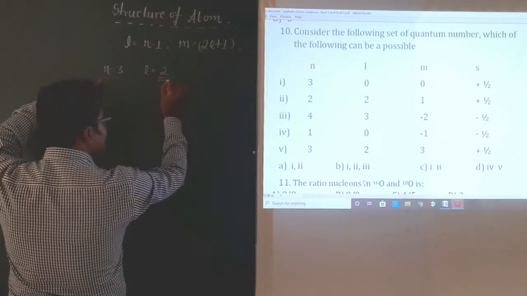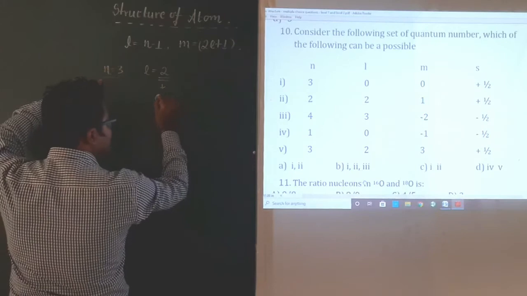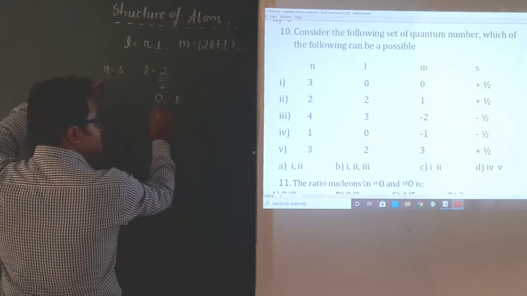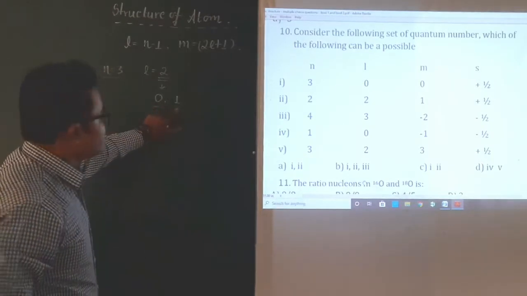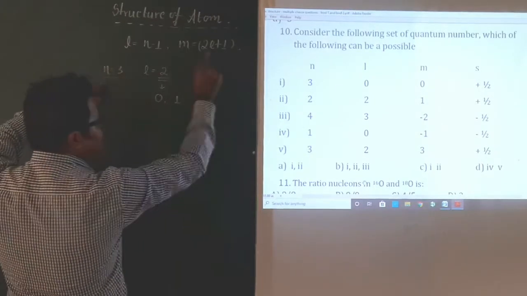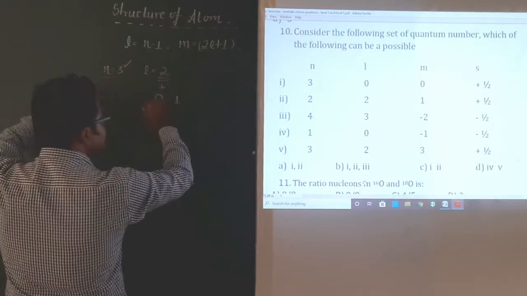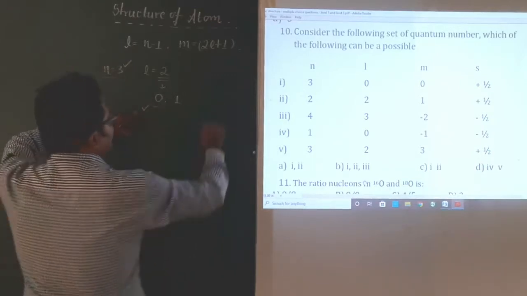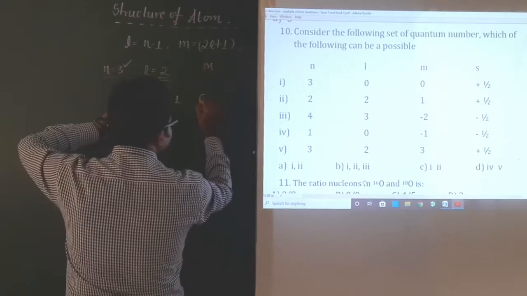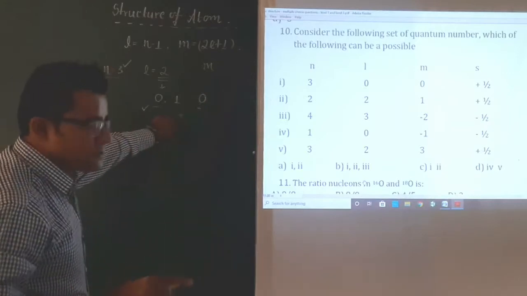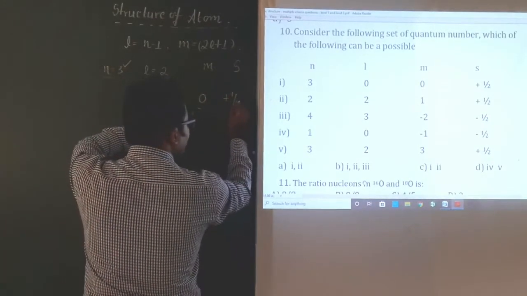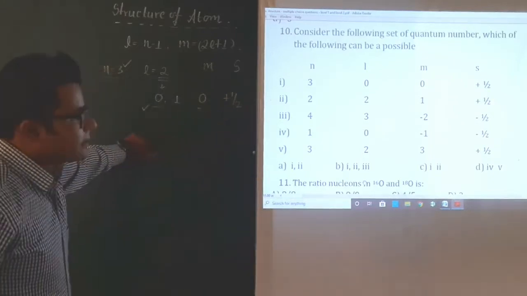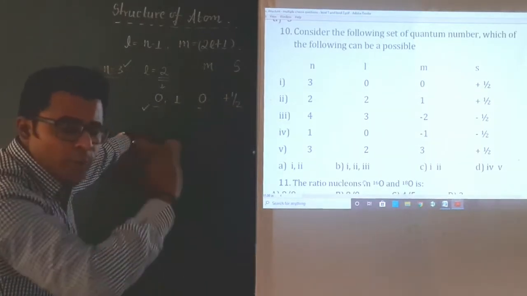Now, when we are speaking about 2, that means it is going to be 0, 1 or 2. 0 goes to the s subshell, 1 goes to the p subshell, right? So, here they are speaking about 3, 0. Yes, this is correct. m is equal to 0, that means they are speaking about an s orbital. In the s orbital, they are saying that there is an electron with plus half. Yes, this is perfect. So, option 1, there is no problem at all.